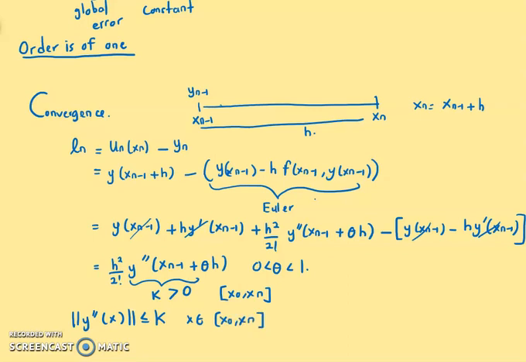Therefore our local error is also bounded by half h squared k for all n. So this is the convergence for the local error.